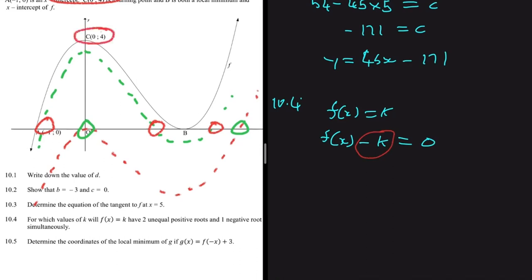Let's say, for instance, k is minus 1, right? If k is minus 1, then we're going to have f of x minus minus 1, right, is equals to 0. So we're going to have f of x plus 1 is equals to 0. And then you will realize that if we have f of x plus 1, then we are actually moving our graph up, right? And then we don't want that.